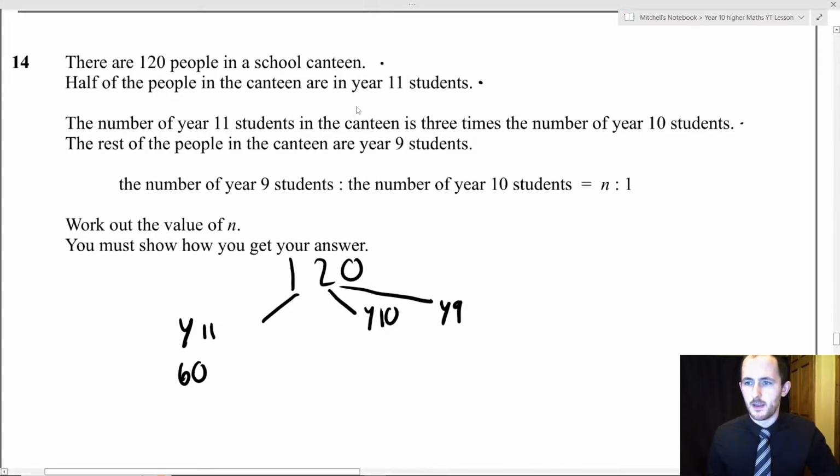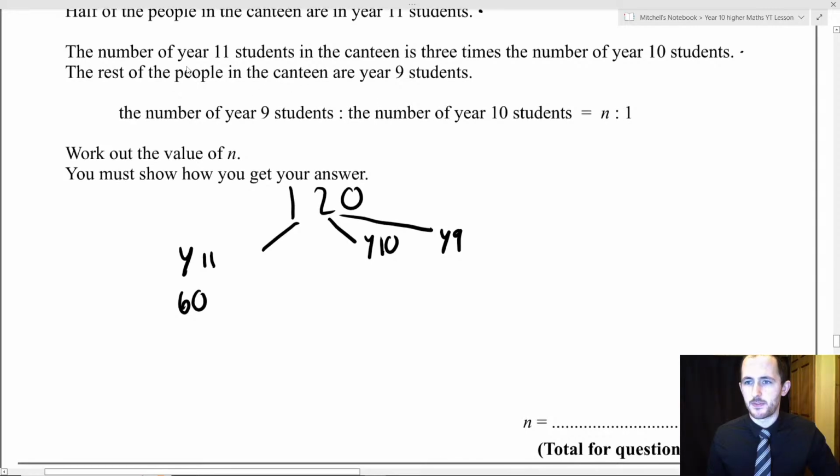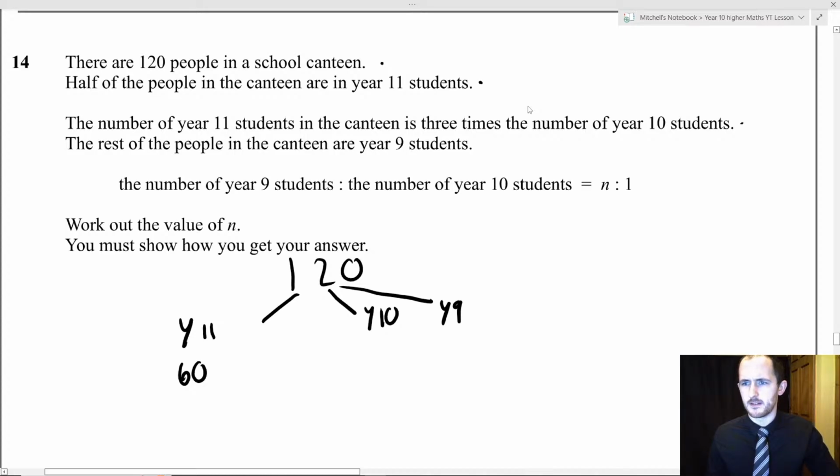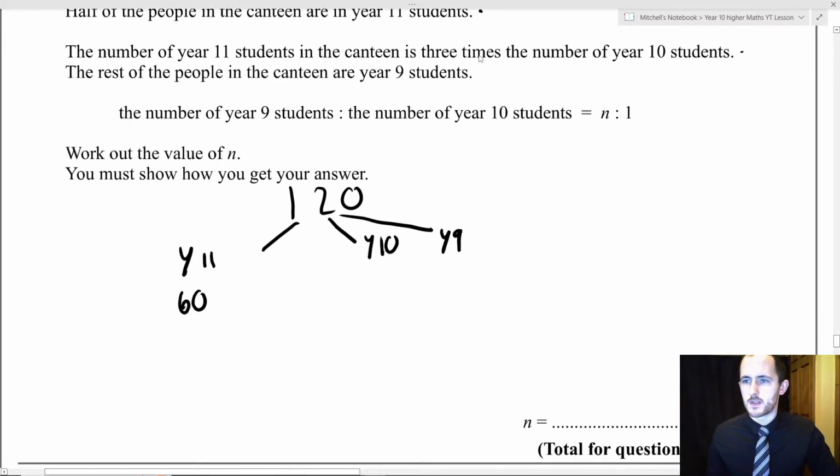Okay? And we have the number of year 11 students is 3 times the number of year 10 students. Oh, did I misread that completely? Oh, no, I didn't. Okay. So year 10 is going to be a third of year 11, so 20. Is that okay?